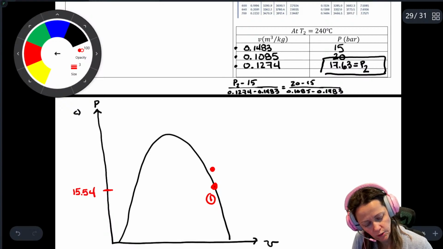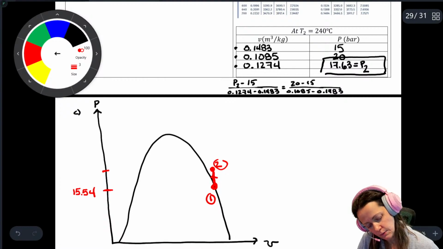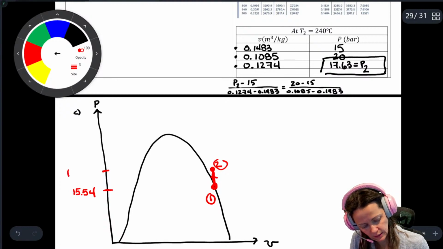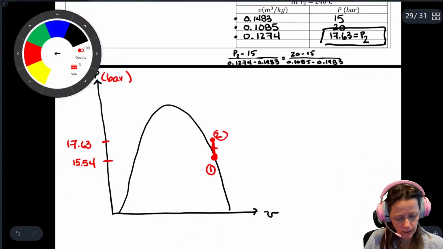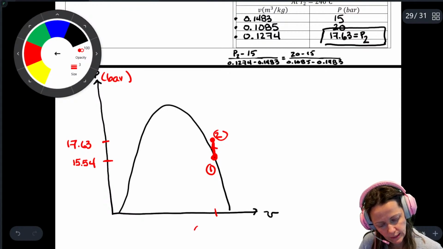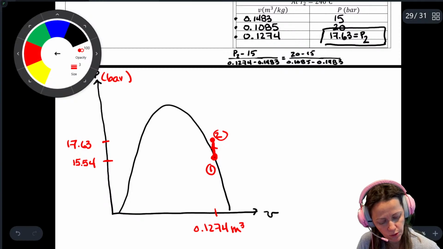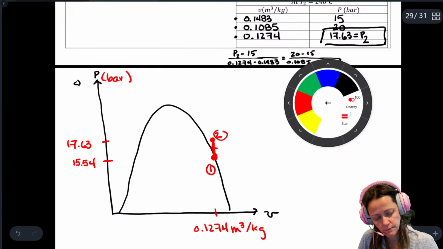Then state 2 is in that superheated region, straight up and down, and this is 17.63, all in bar. And this is 0.1274 cubic meters per kilogram.